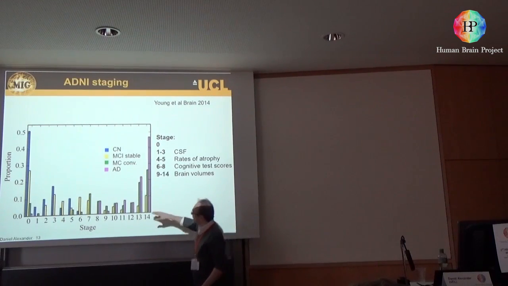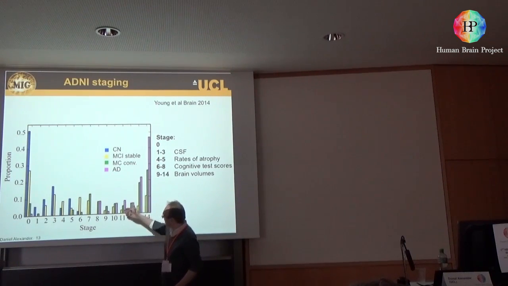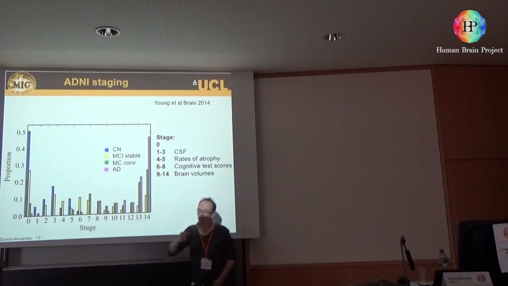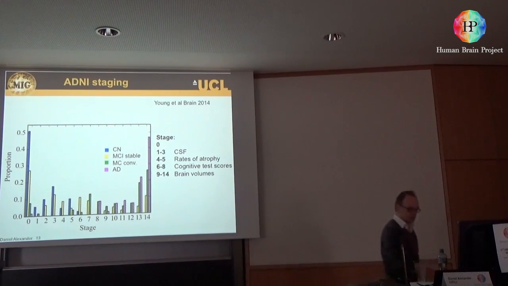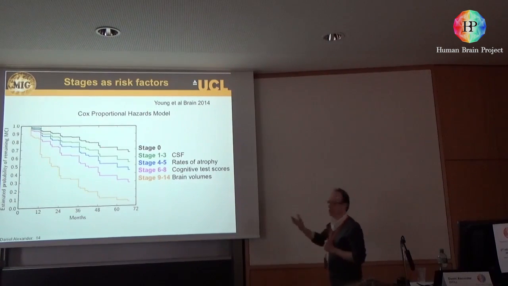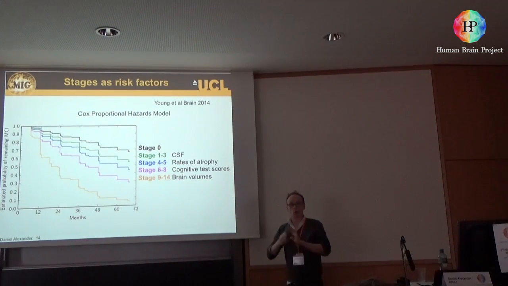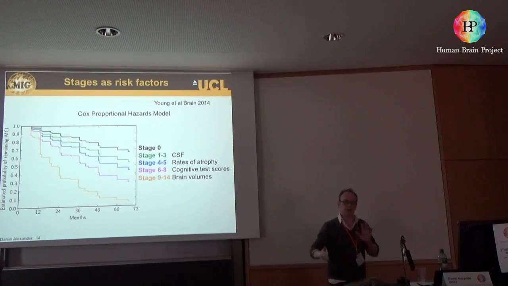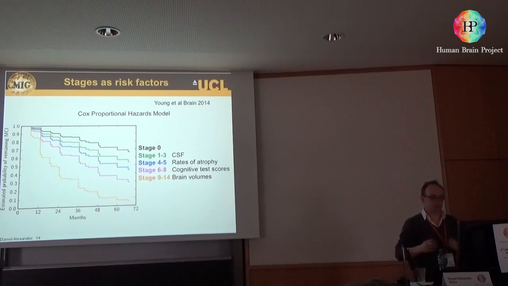And similarly, it gives you a slightly weaker but nevertheless clear separation between MCI converters and non-converters. And a Cox proportional hazards analysis shows that staging is a strong predictor of conversion of MCIs to AD or cognitively normals to MCI.